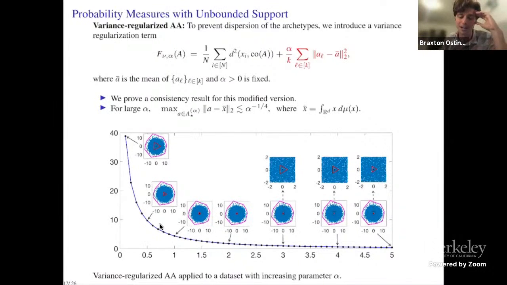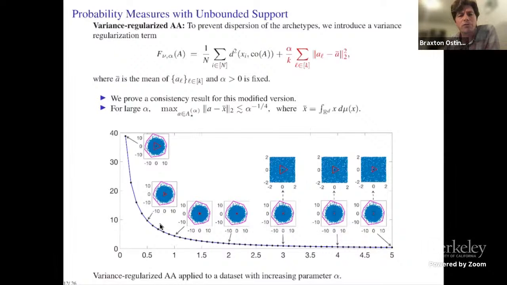So you can't really expect a consistency result without modifying the problem somehow. And the way we modify it, at least here, is to introduce a variance regularization term. So we add to the objective function a parameter alpha times the variance of the archetype points themselves. So that's here.